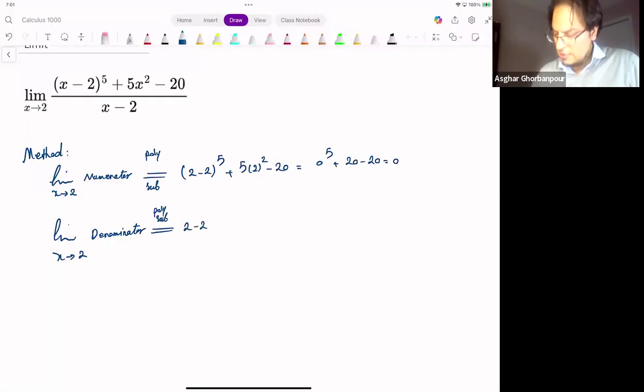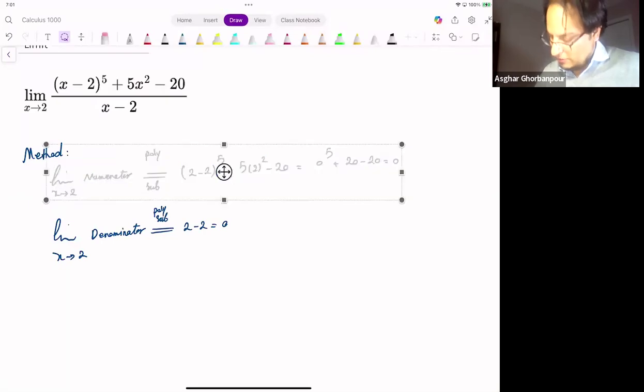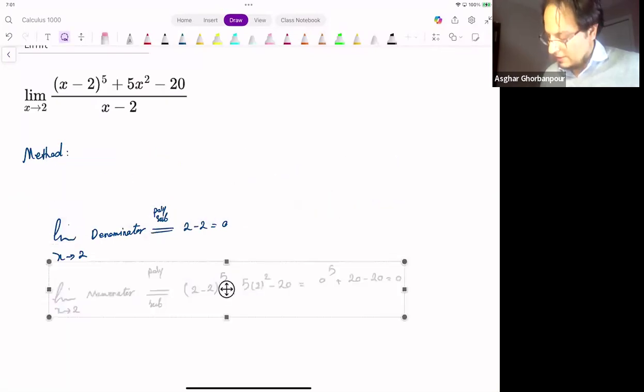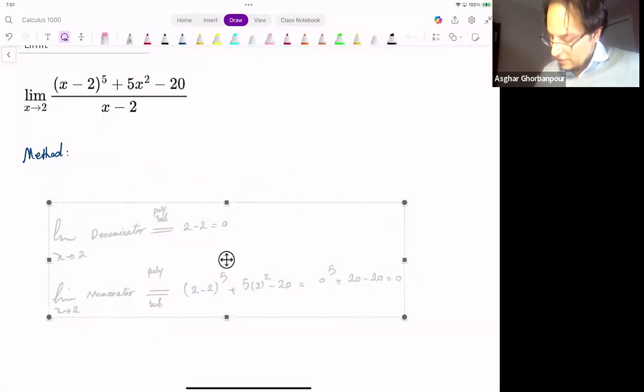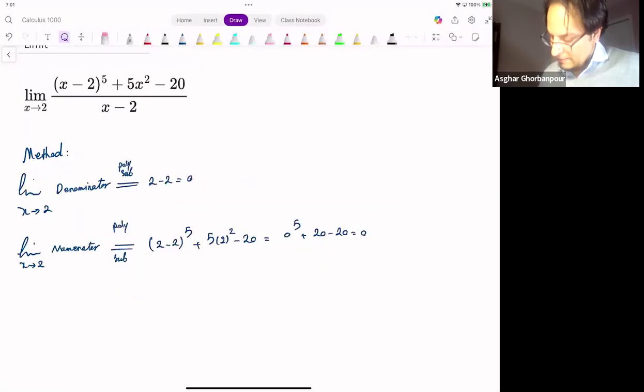So you have to get the limit of the denominator first to check. Here, if I do first the limit of the denominator, which is the right order logically, then I see that the limit of the denominator is 0.